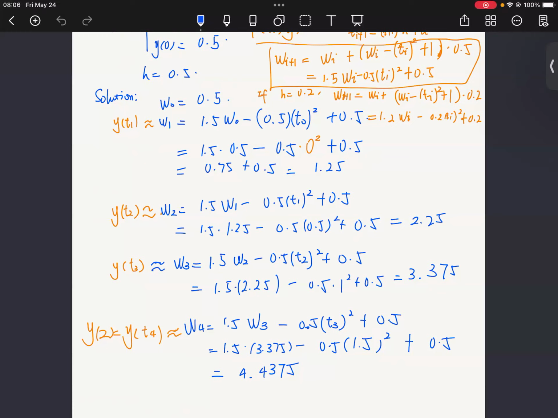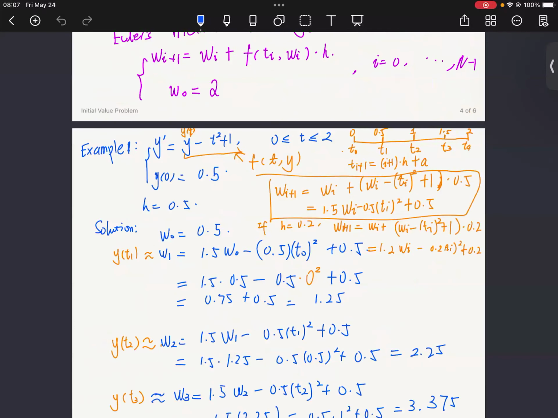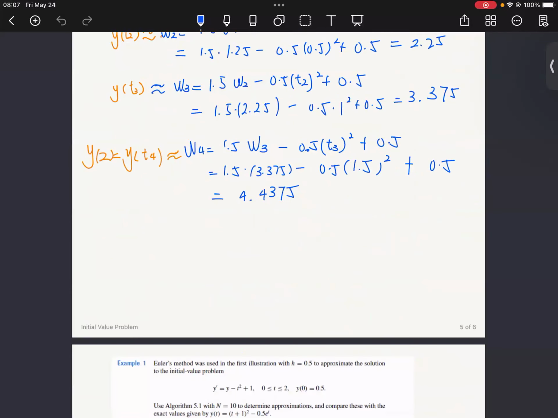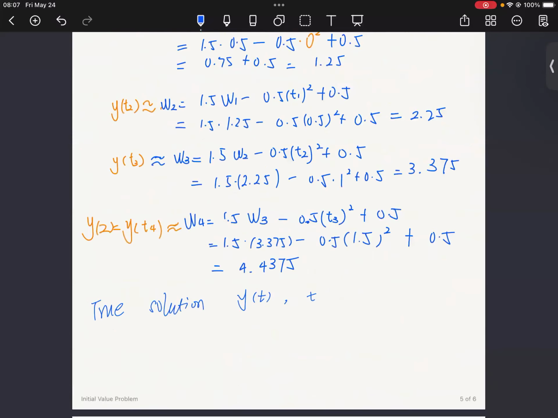Let's say, at the end of the day, what is the solution of the initial value problem? The true solution should be a function y(t), where t is on the interval 0 to 2.